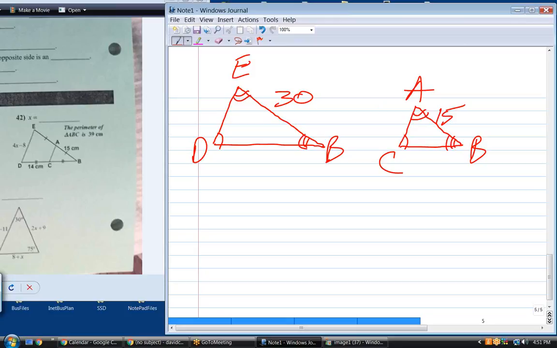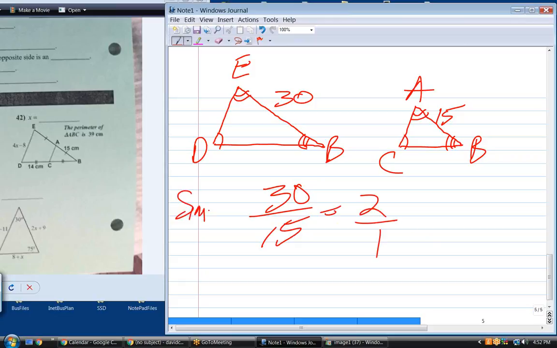So if I want to find the corresponding side that is similar to AB, look for the side that's opposite the angle that's the same as D. That'd be 30. If I'm looking for a similarity ratio, I've got to compare the corresponding sides of the similar triangles. And I much prefer doing 30 to 15, which gives you a 2 to 1 similarity ratio.